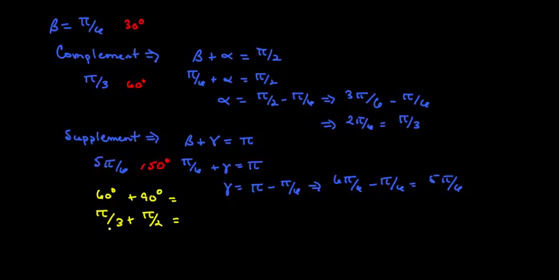Let's just start this over again. Okay, so pi over 3. If I want to get it over 6, that's 2 pi's over 6. And if I want to get pi over 2 over 6, I have to multiply top and bottom by 3. So 2 pi plus 3 pi, that's 5 pi's over 6. So again, we get that value.